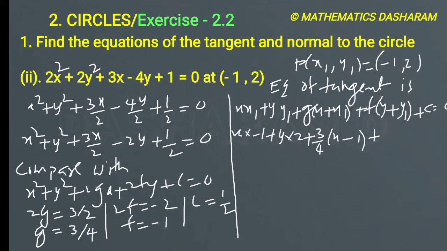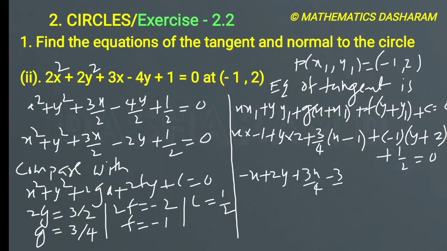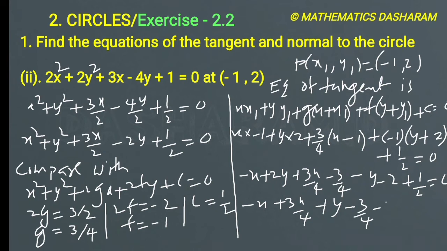Next f bracket of y plus y1, and the constant term, that is 1 by 2 equals 0. x into minus 1 is minus x, next 2y, next 3x divided by 4 minus 3 by 4 minus y minus 2 plus 1 by 2 equals 0. So minus x, next 3x by 4, 2y minus y is plus y. So minus 3 by 4 minus 2 plus 1 by 2 equals 0.